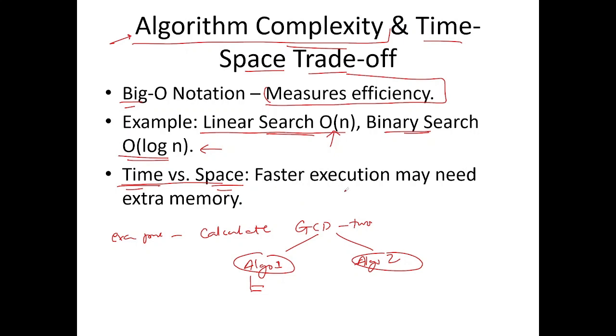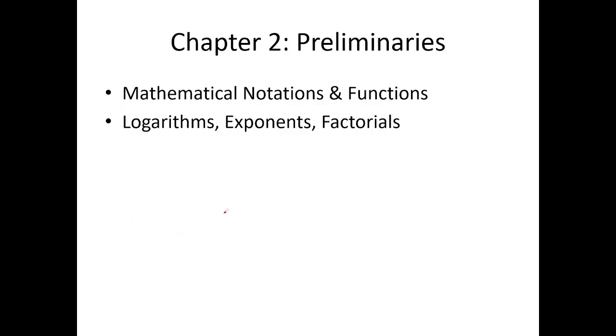In some cases, if you want to find the solution to a problem using a particular algorithm, you will require extra memory, meaning you will have to compromise space in order to solve a problem faster. You will see that also at a later stage. Now coming to chapter 2, that is preliminaries.